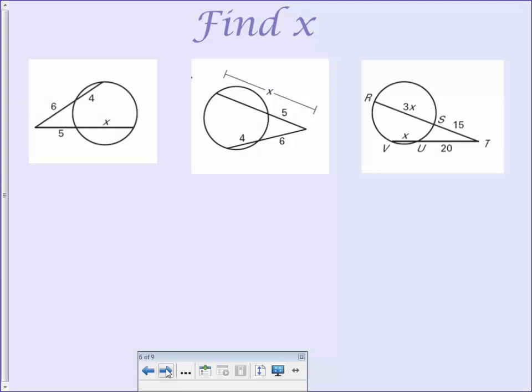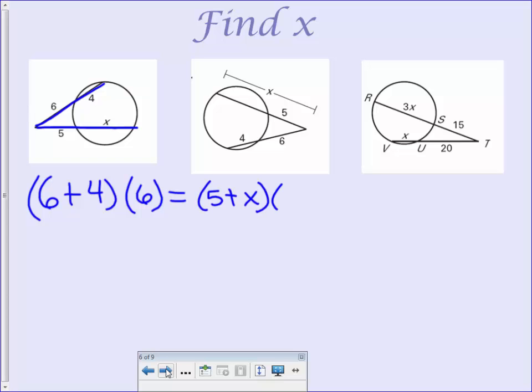Let me show you an example. For the first one, I'm going to focus on this top secant right here. The whole thing would be 6 plus 4 times the outside part, which is 6. And that's going to equal the whole thing of this one, which is 5 plus X times the outside part, which is just 5.